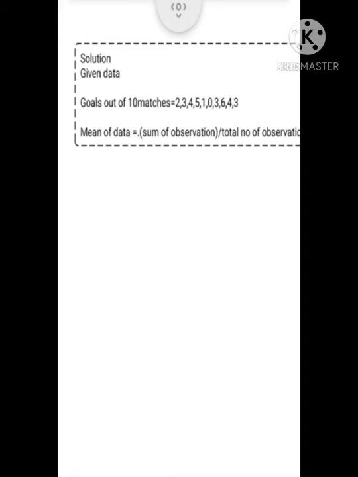We need to add the goals. So what are the goals? 2, 3, 4, 5, 1. You have to add them.